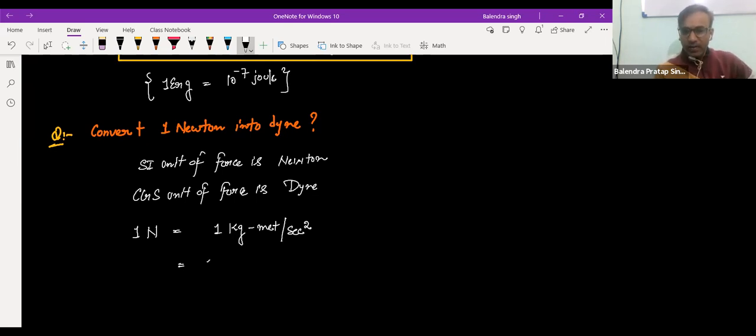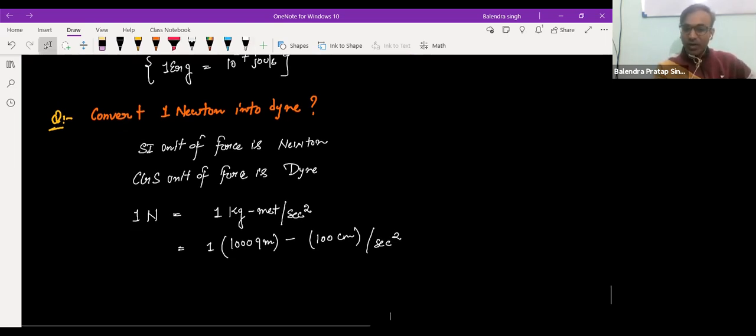So here 1 kilogram. If you convert kilogram into gram, as I discussed earlier, kilogram has 1000 gram, and meter has 100 centimeter. You don't need to convert second, you just write second as it is.